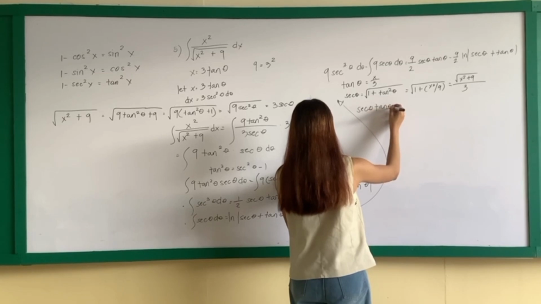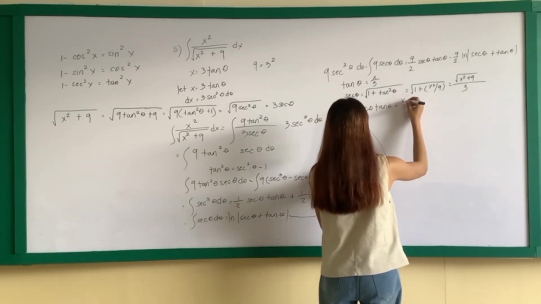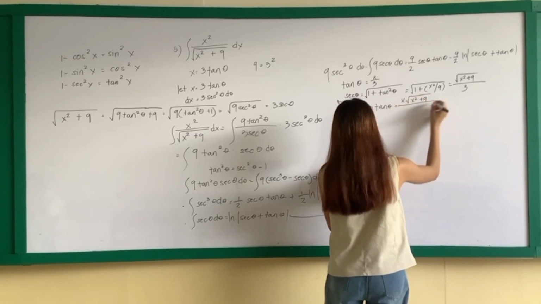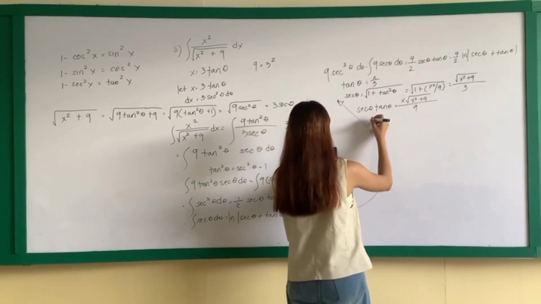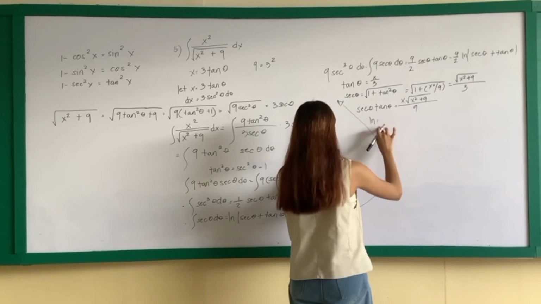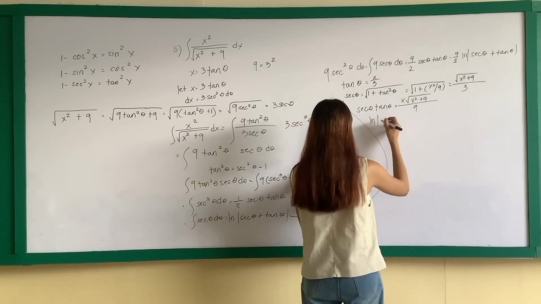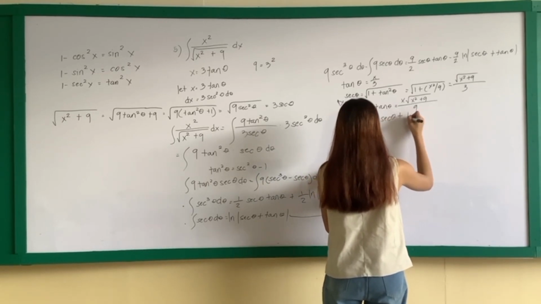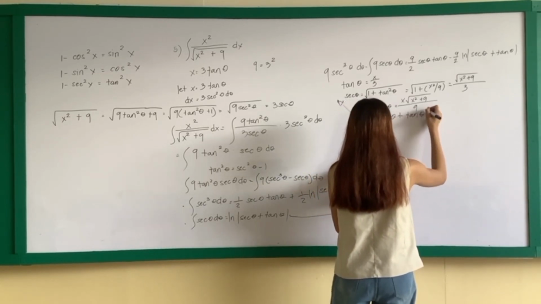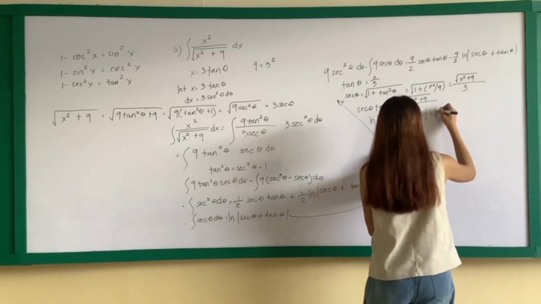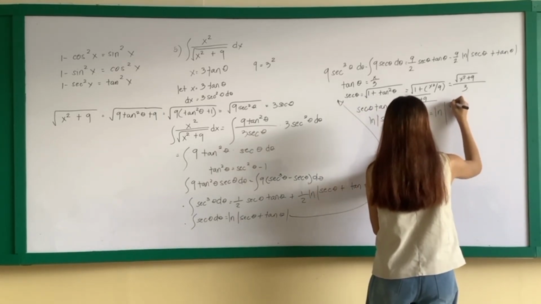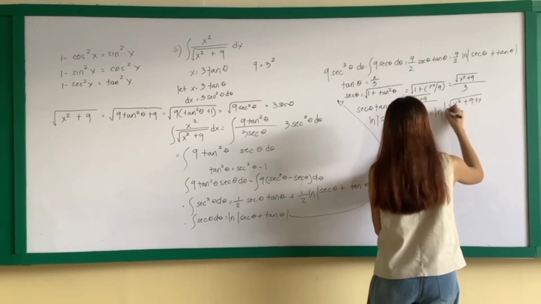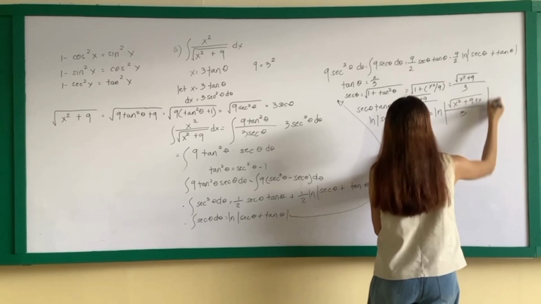Sec theta tan theta is equal to x times the square root of x squared plus 9, over 9. Ln the absolute value of sec theta plus tan theta is equal to ln the absolute value of the square root of x squared plus 9 plus x, over 3.